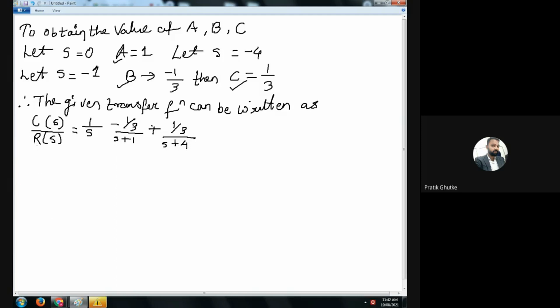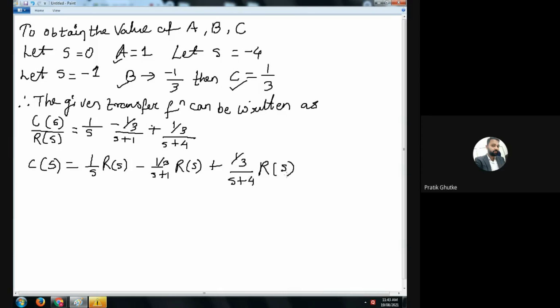So what would be my C? R of s I will be taking to the right hand side. What would be my C of s? Rearranging, C of s equals 1 by s into r of s, minus 1 by 3 divided by s plus 1 into r of s, plus 1 by 3 divided by s plus 4 into r of s.